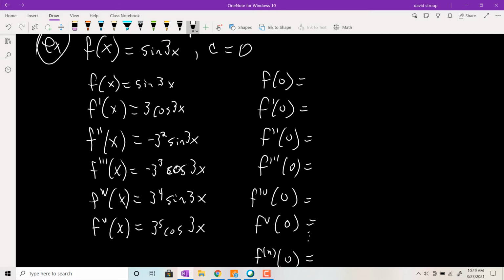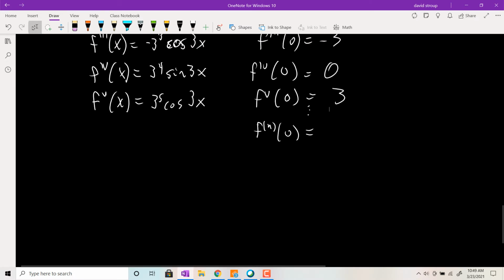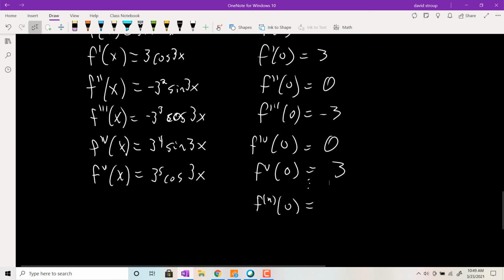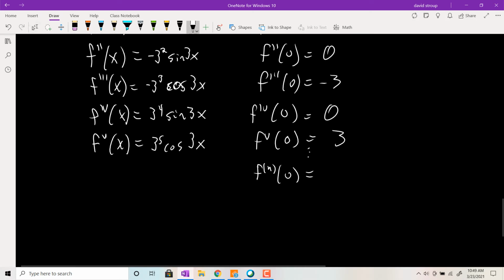Okay, figuring out f of 0 for each, this will be 0, 3, 0, negative 3 cubed, 0, 3 to the 5th. So it looks like there are even and odd guys in there, and I'm not exactly sure how to encode that into my nth derivative. So let me just look at the representation for this function and fill in the blanks first.